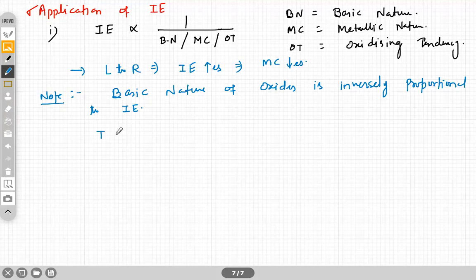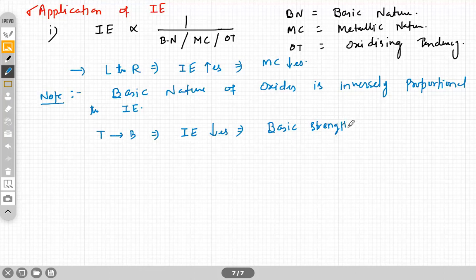So we know this fact that top to bottom we go, ionization energy decreases. Ionization energy decreases means the basic strength of oxides increases, and when basic strength increases, we know that acidic strength decreases.